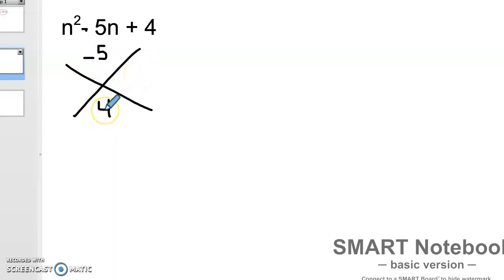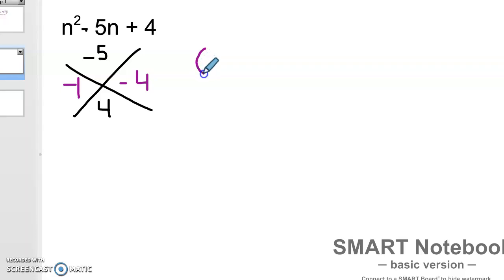So let's start listing factors of 4 and throwing some negative signs in front of them. So I know negative 1 times negative 4 will give us positive 4. And does negative 1 plus negative 4 equal negative 5? Yes. Turns out we didn't really have to do too much listing at all. Those worked right away.